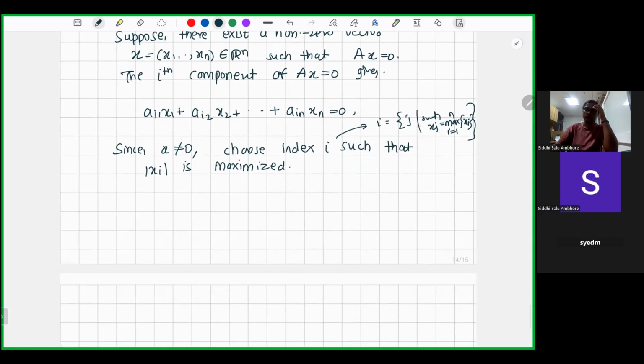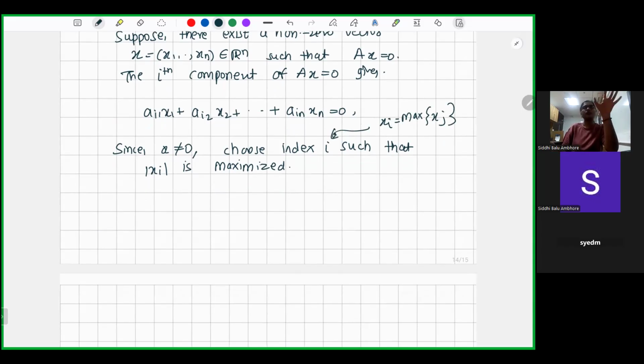So I'm taking the maximum of the xj's, and whatever this j is, I'm assigning that to i here.